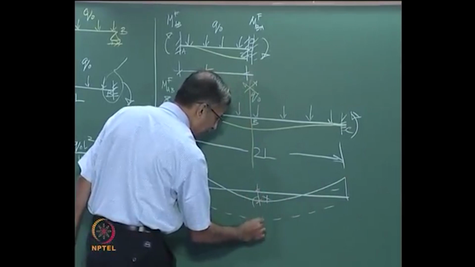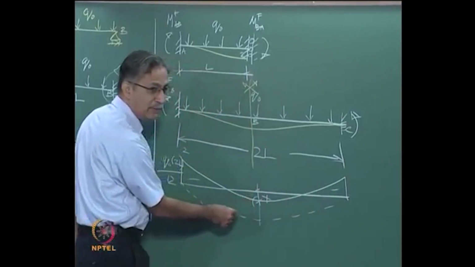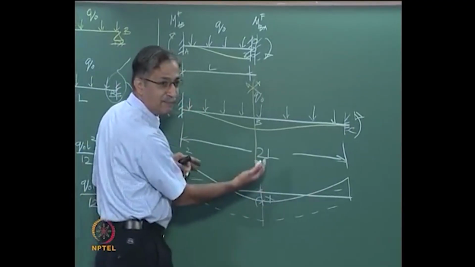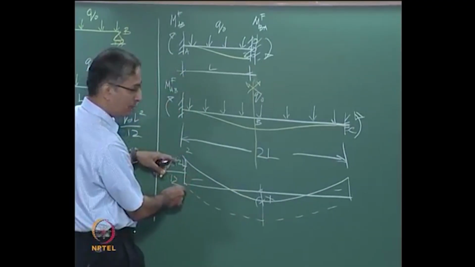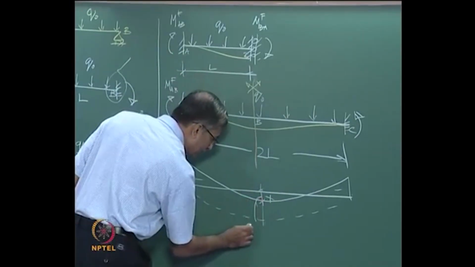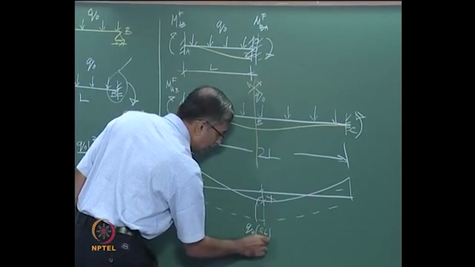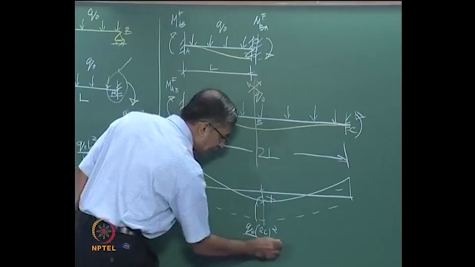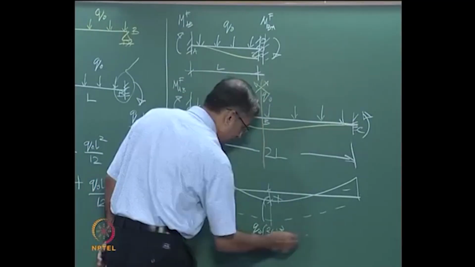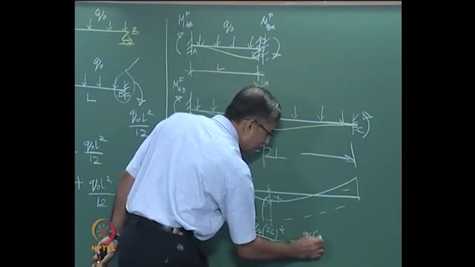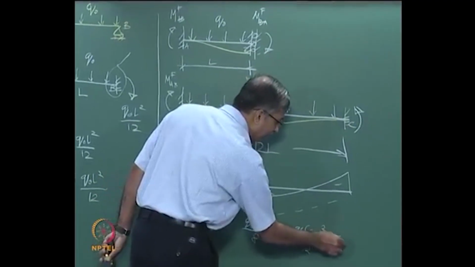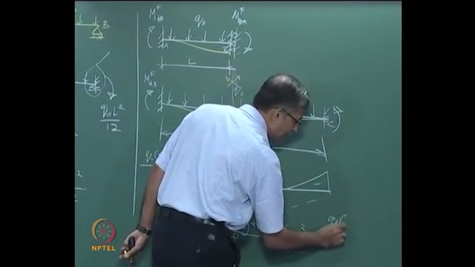What will be this value? Q naught into 2L the whole squared by 8. The whole curve gets lifted up. So remember that. It's Q naught 2L the whole squared by 8 minus Q naught 2L the whole squared by 12, which turns out to be, that's right, by 12. If you remember the final answer, go ahead and do it straight away.